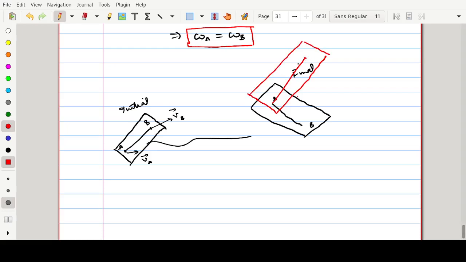To bring B to its final position, we will have to rotate it by an angle theta about A.